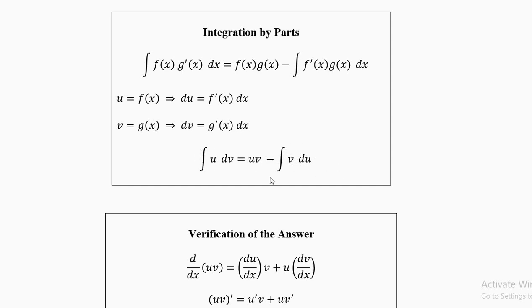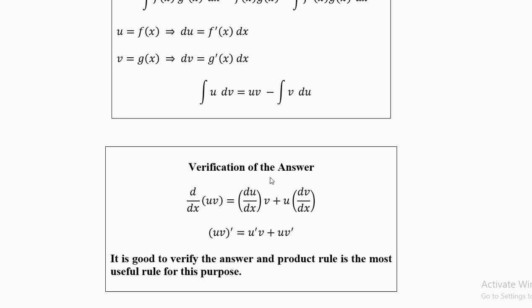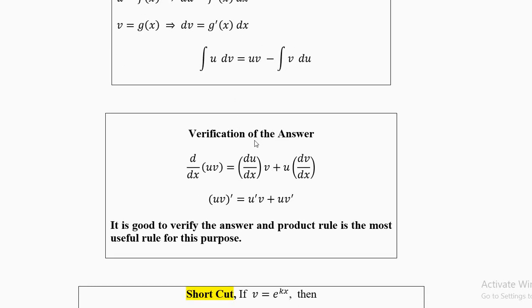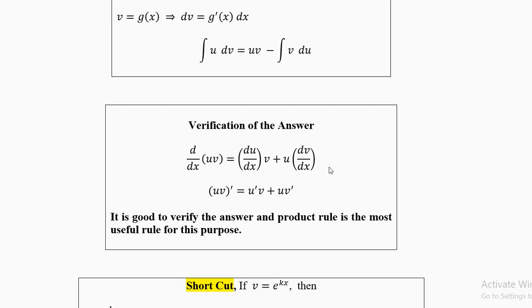It comes from the derivative of the product rule. After you get the answer, the verification has to be done using the product rule. uv whole prime is u prime v plus u v prime, the derivative of the first function times the second function plus the first function times the derivative of the second function, from Calculus 1.